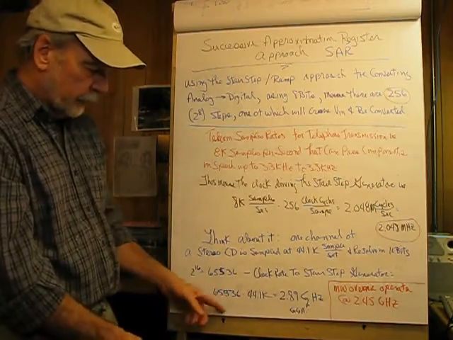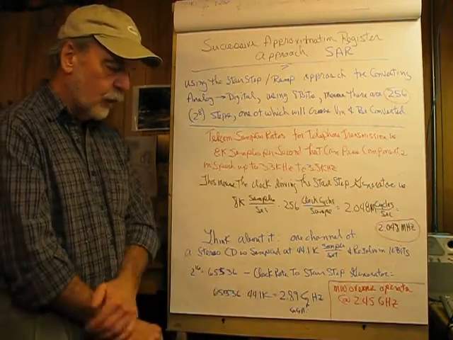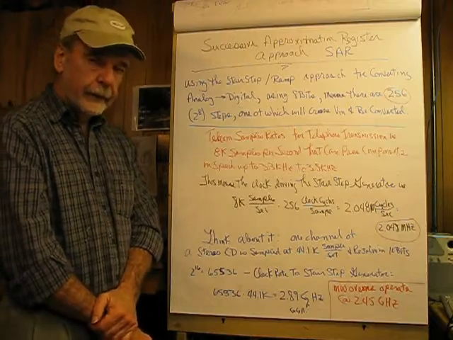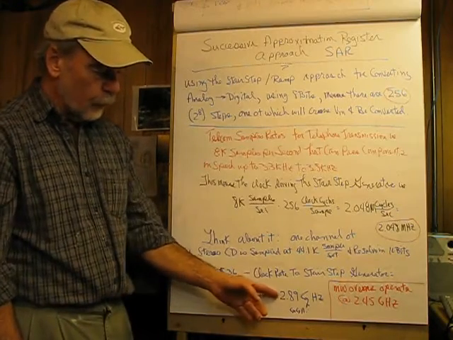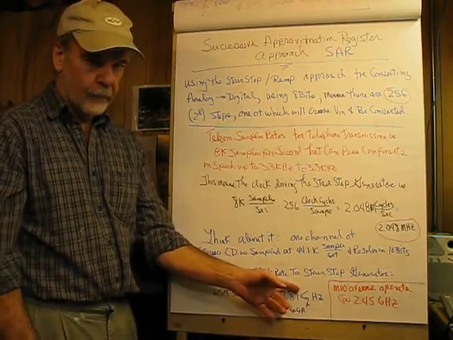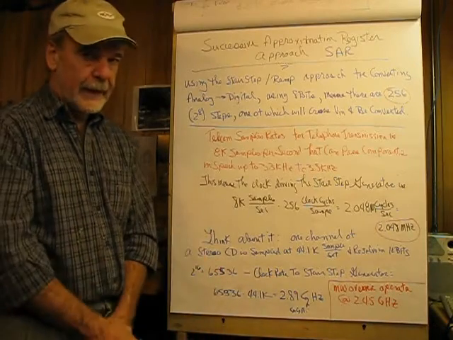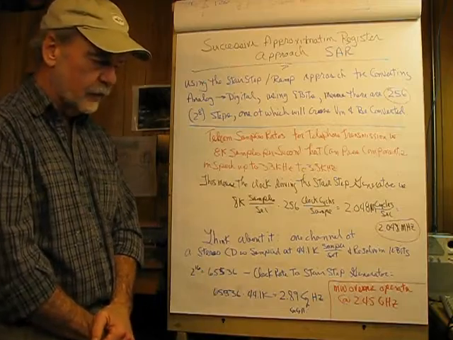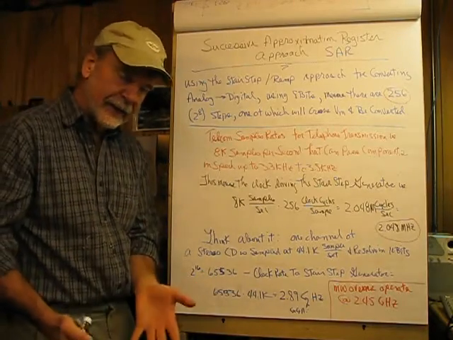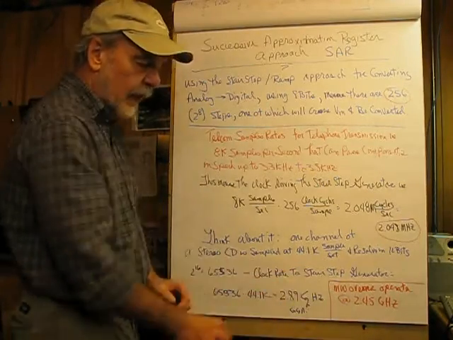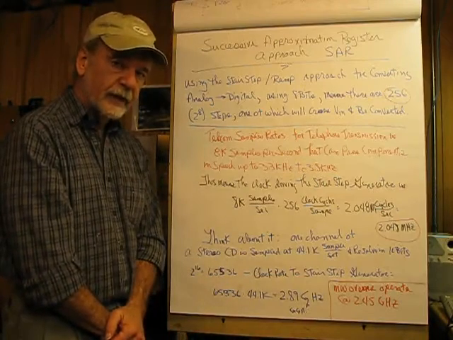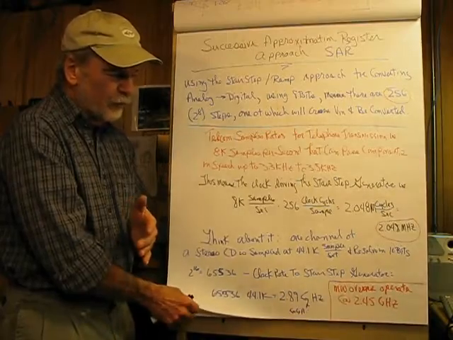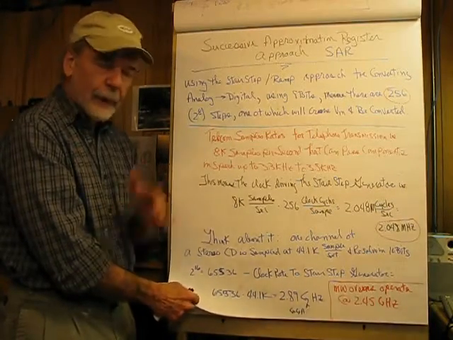With 44.1 thousand samples per second, that gives us a clock rate into the stair-step generator of 2.89 gigahertz. That's pretty high, and it requires some relatively sophisticated integrated circuits. To put that into context, a microwave oven operates at 2.45 gigahertz. So perhaps there's a better way of doing this besides the up-counting ramp.